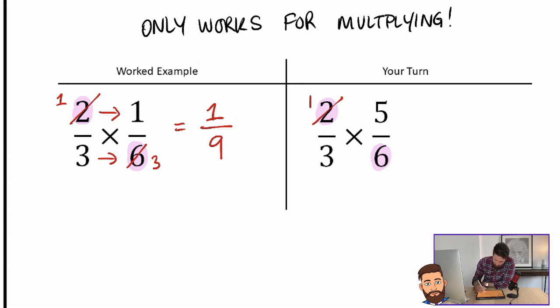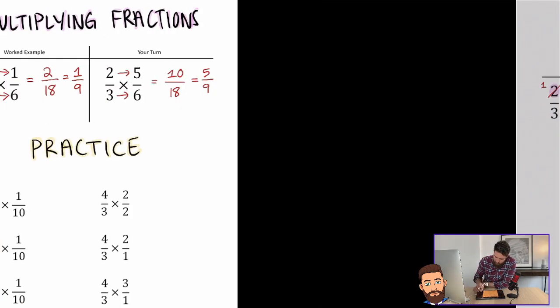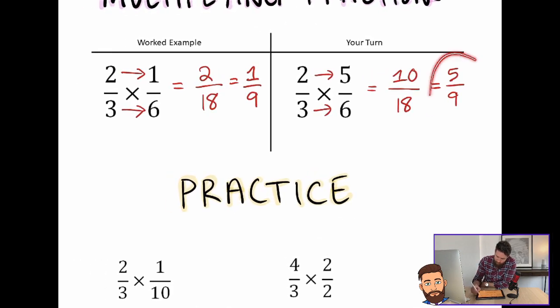How many 2s go into 6? 3. Now I can just cross top by top, bottom by bottom, multiply together. 1 times 5 is 5. 3 times 3 is 9. And I got 5 9s. And as you can see, that is exactly the same as what I got over here.